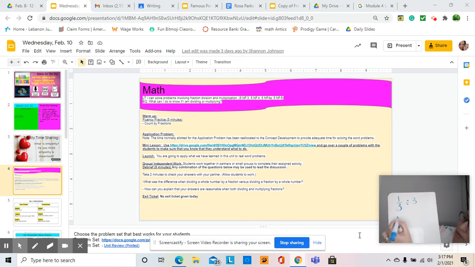So what you're going to do is start with thirds. It's only asking you to focus on 1/3. So we're going to focus on the 1/3 and we're going to divide it into 3 pieces. Now, you divided it into 1, 2, and 3 pieces. So 1/3 divided by 3.